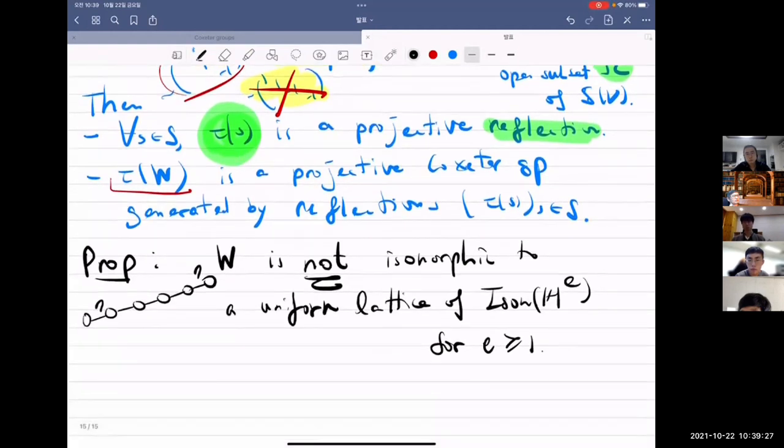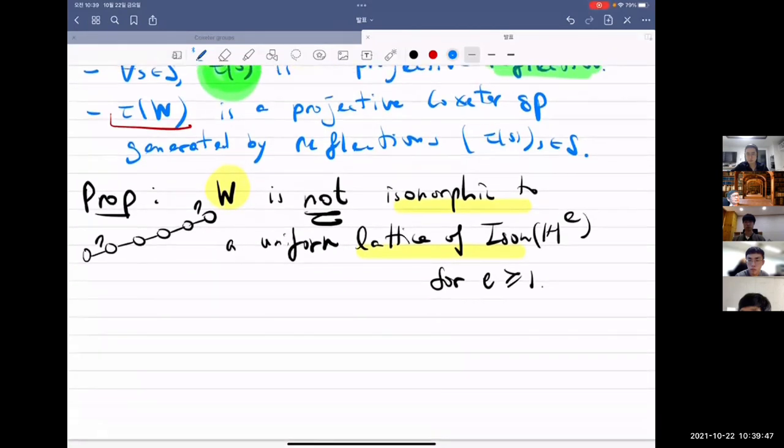So I want to show that this W is not isomorphic to a uniform lattice of the isometry group of hyperbolic space. Then I think we have this counterexample for the question I mentioned in the second lecture.